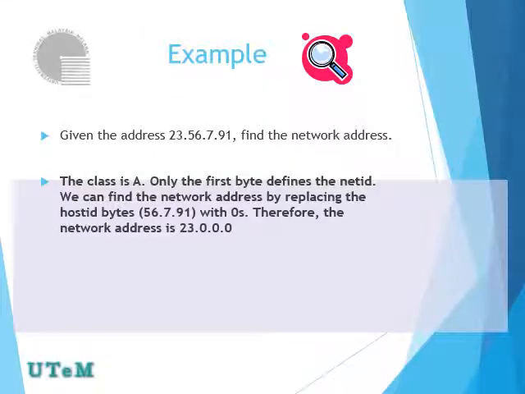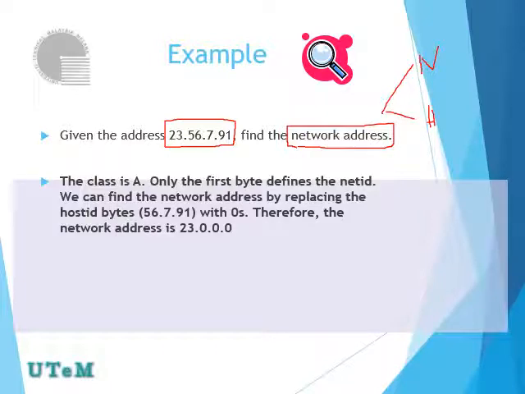So let's look at this example: 23.56.7.91. If you want to identify the network address, you need to identify the portion of net ID and host ID.